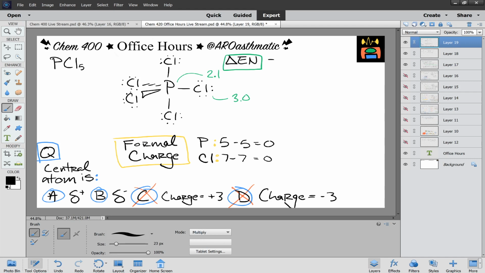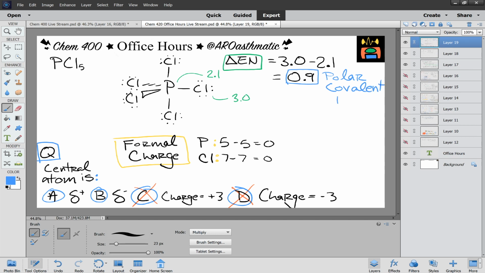So the difference here in electronegativity is 3.0 minus 2.1, or let's see, the difference is going to be 0.9. And 0.9 is smack dab in the middle of the range of polar covalent.